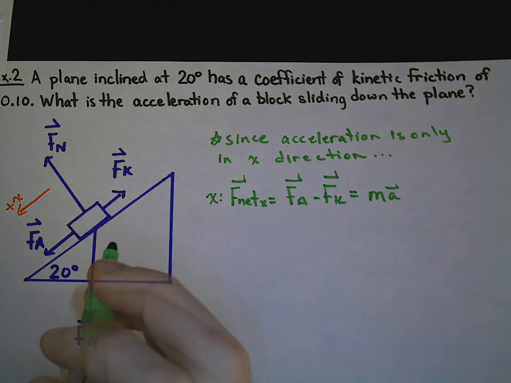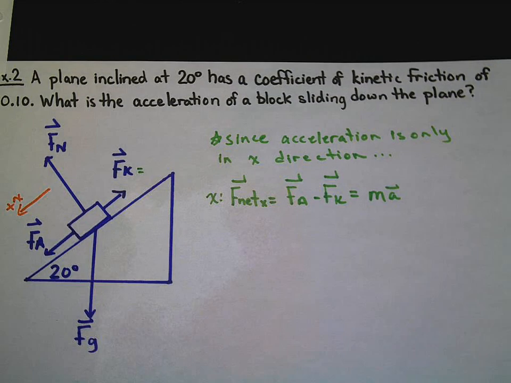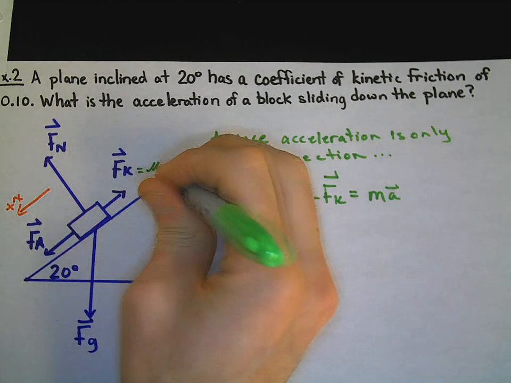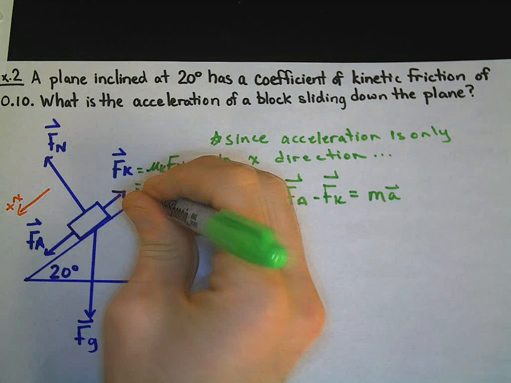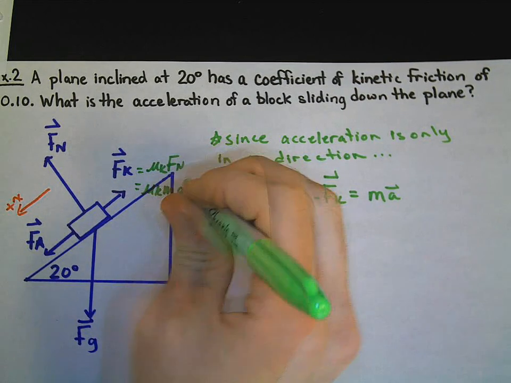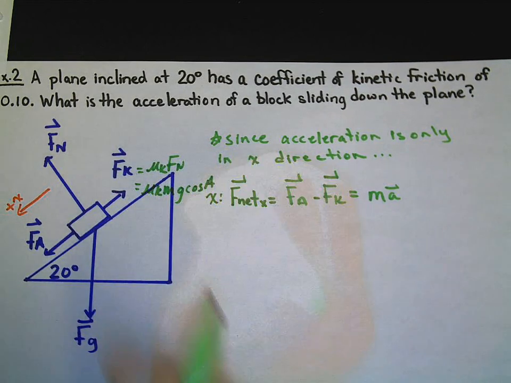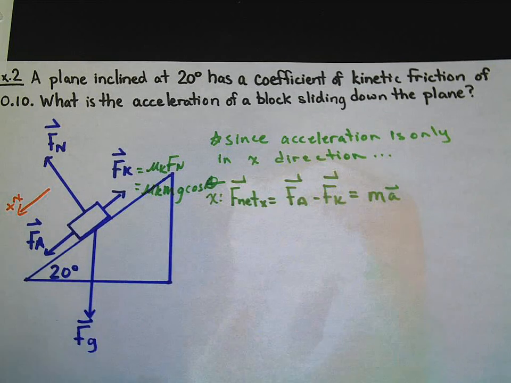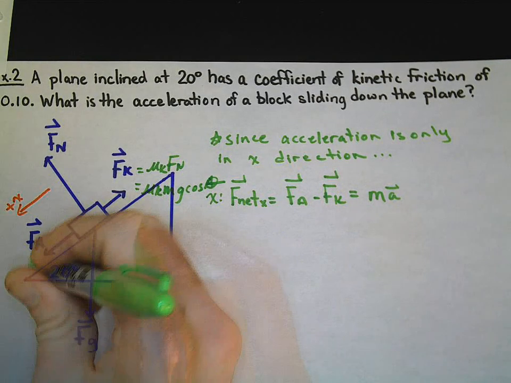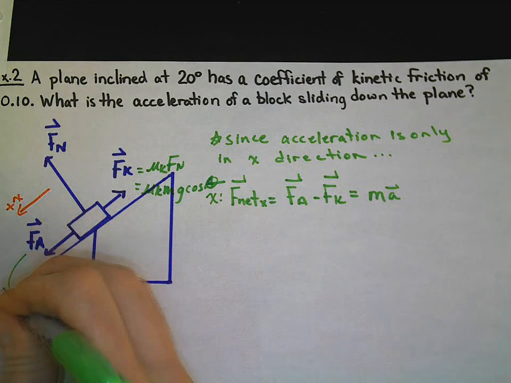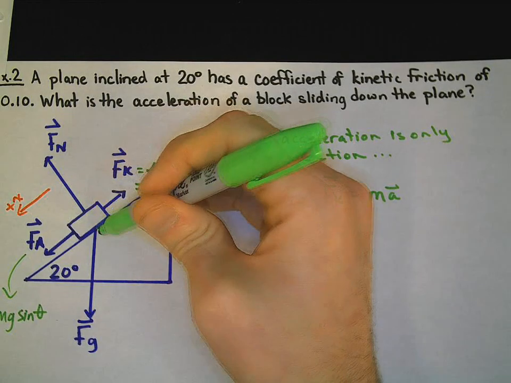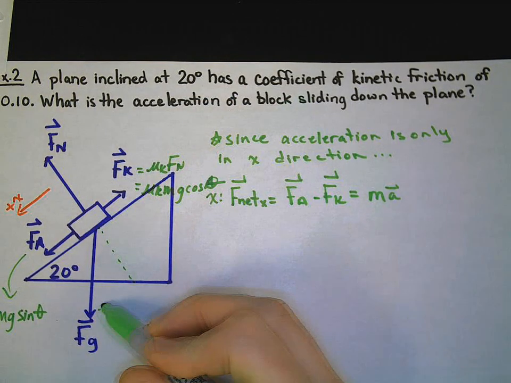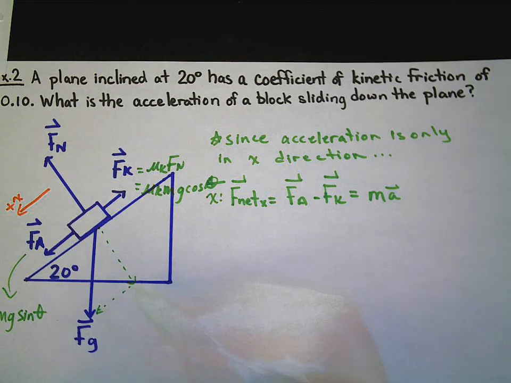And we do recall that my force of kinetic friction will be mu k Fn, which is mu k mg cosine theta. And my applied force from the very beginning will be mg sine theta, because of the component and magnitude of our normal force.